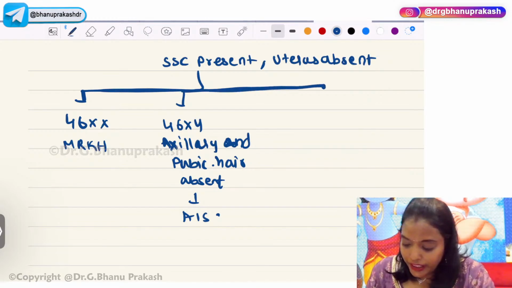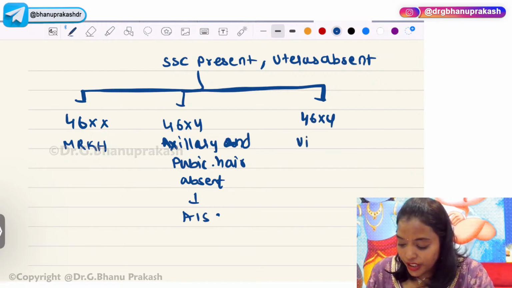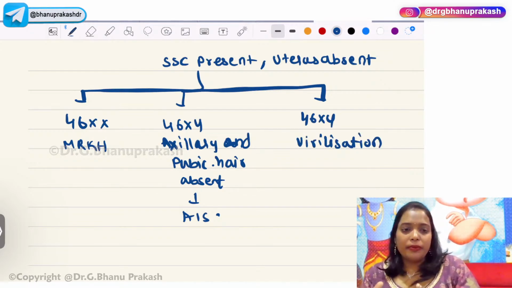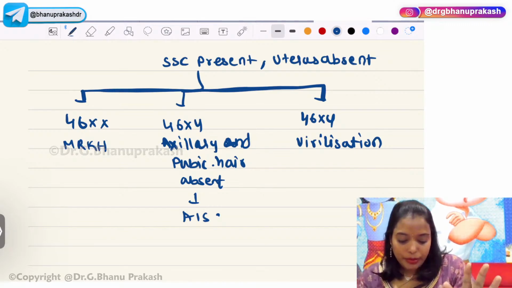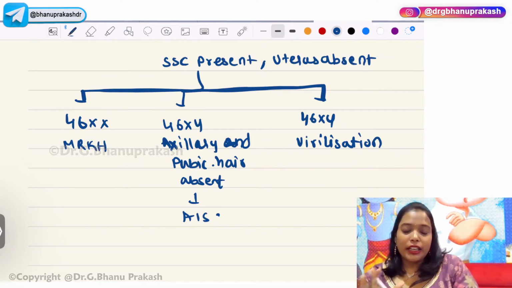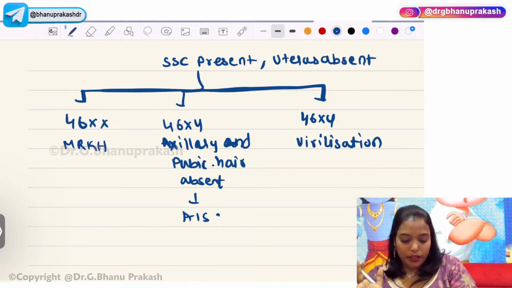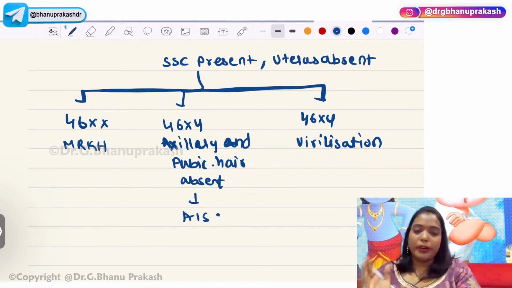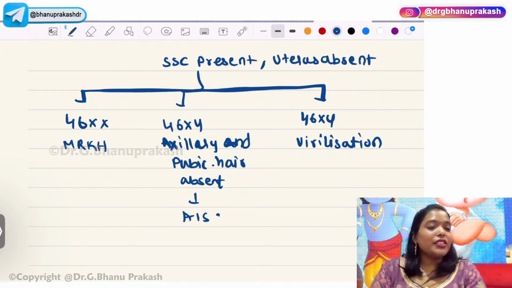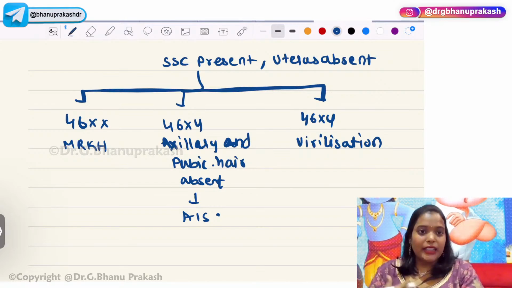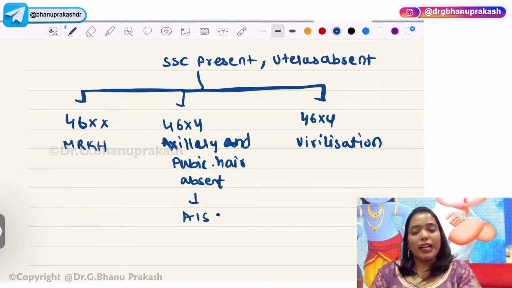Next, if it is 46XY with virilization, meaning everything like male. See, follow these three simple steps. You'll be able to answer always in a patient with primary amenorrhea. So first you have to check for secondary sexual characteristics and uterus, whether it's present or absent. If secondary sexual characteristics are present like breast and axillary hair and pubic hair, then it is MRKH.